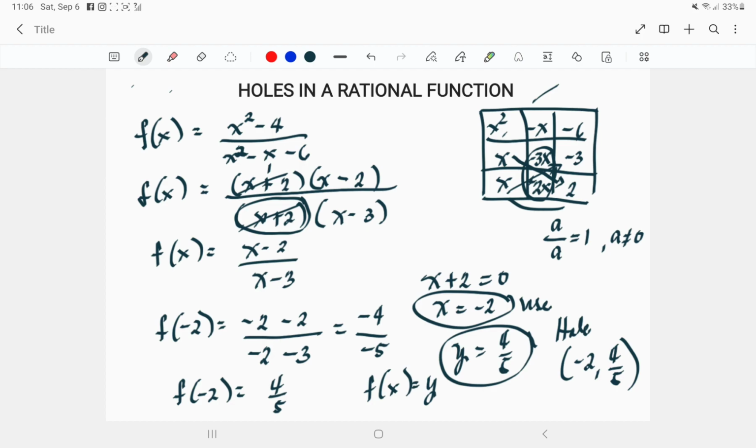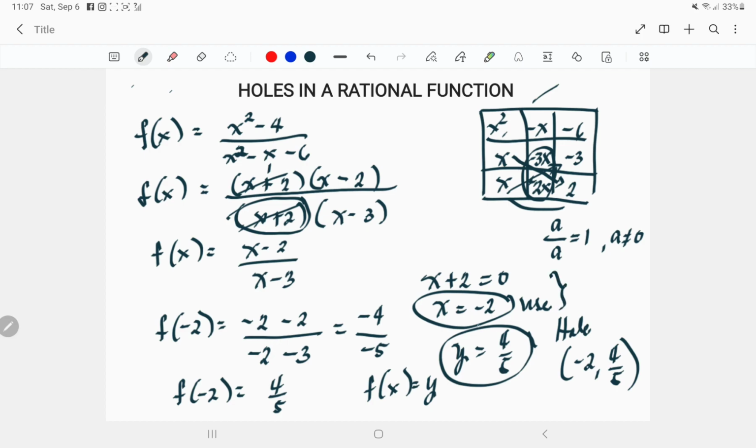So that is how we determine the hole in a rational function. The first is you're going to factor the numerator and the denominator. Look at the factors of the numerator and the denominator, identify the common factor, cancel, then you have the simplified form of the rational function. Take the canceled factor and equate it to 0.